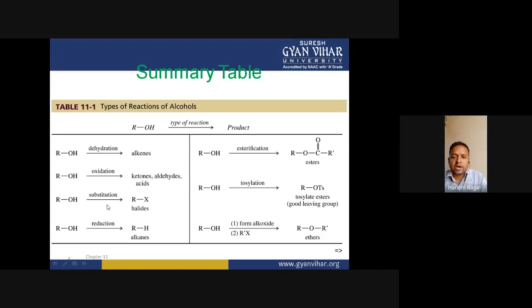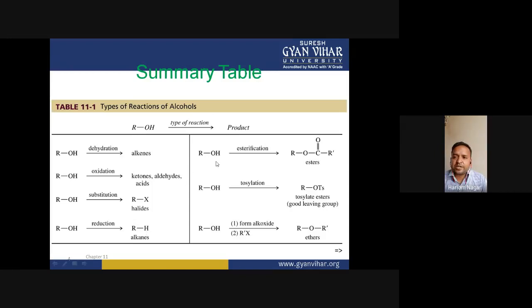Now the alcohol ROH by substitution gives alkyl halide, because the OH group can be substituted by halogen like fluorine, chlorine, bromine, etc. The next process is reduction of alcohol. This is very simple: this is ROH, and when we remove oxygen from the alcohol, the remaining part is RH, the alkane.